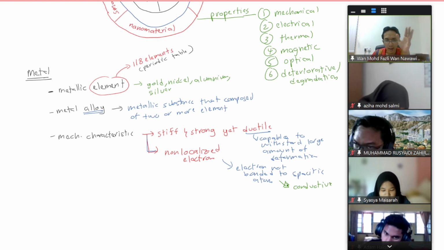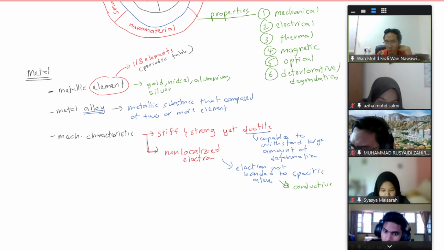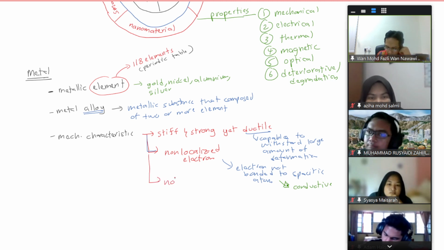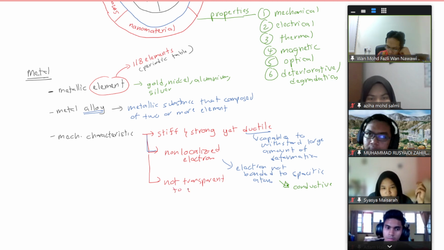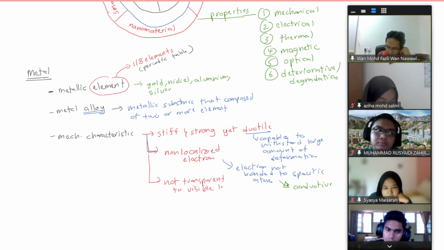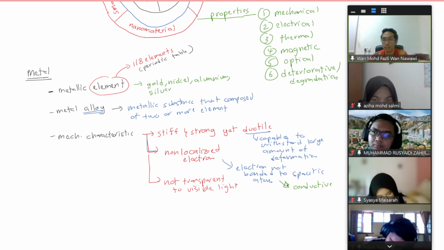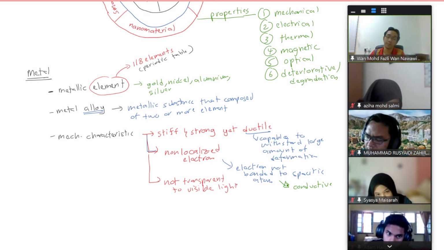And if we talk about the optical properties, metals are normally not transparent to visible light. Of course, this is common sense. But why, for example, is glass transparent? Glass is not metal, right?